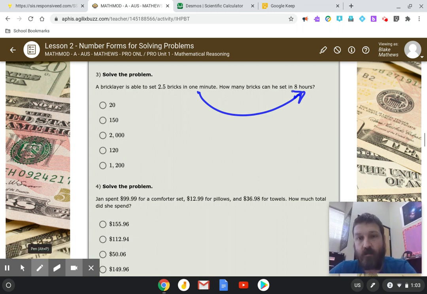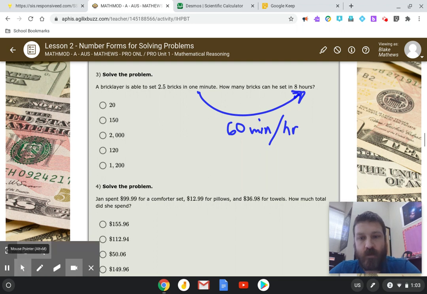I would say go from minutes to hours to 8 hours. In other words, how many minutes are there in 1 hour? There's 60 minutes in an hour. So you're going to multiply times 60 and then again by 8 in order to get the total. All right. Pretty straightforward.